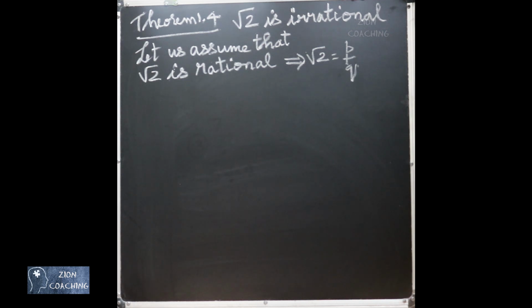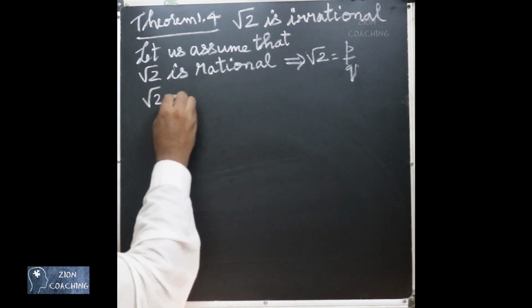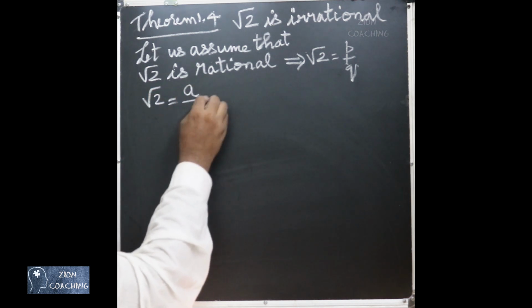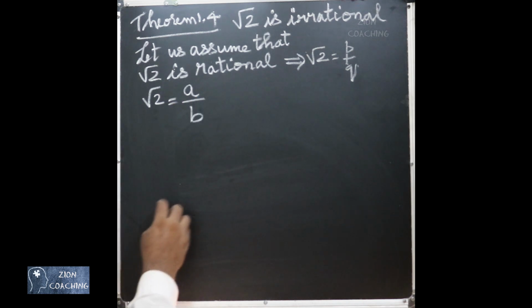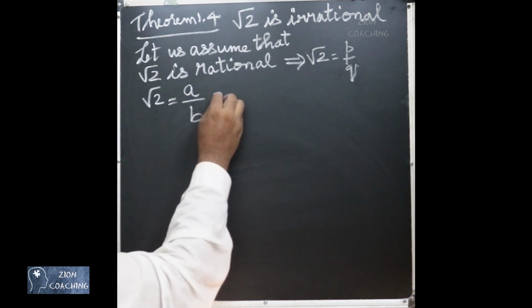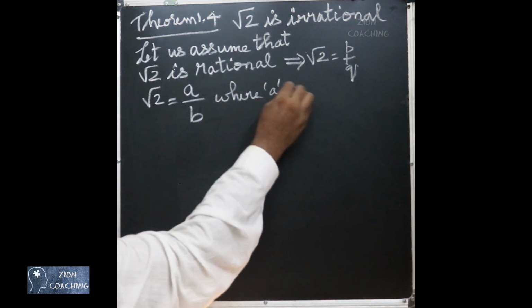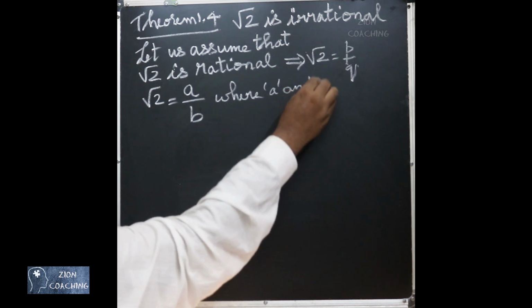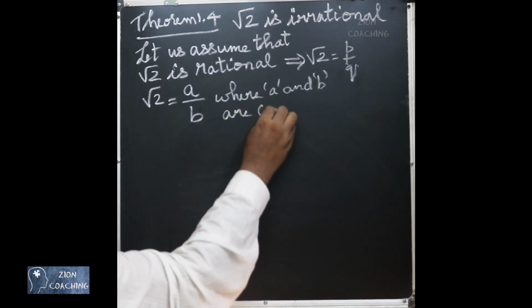So after cancelling all the common factors, we are going to have root 2 equal to a by b, where a and b are co-primes.